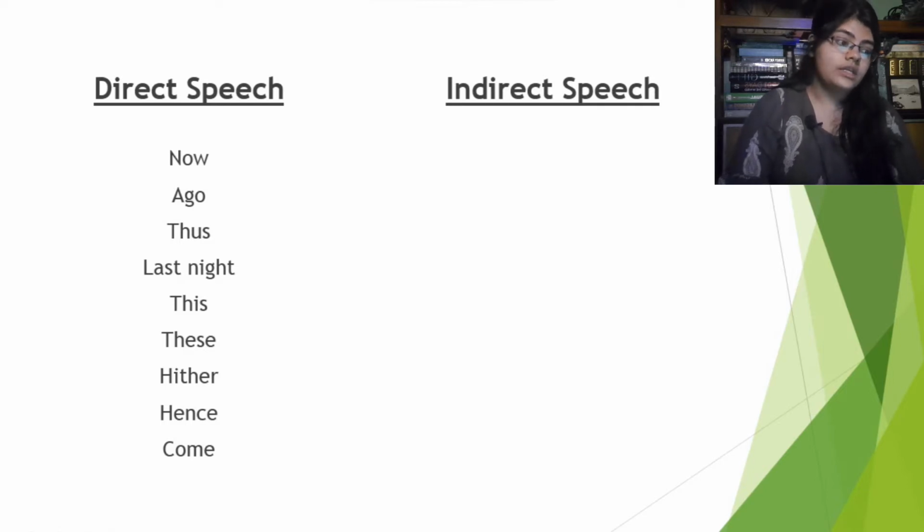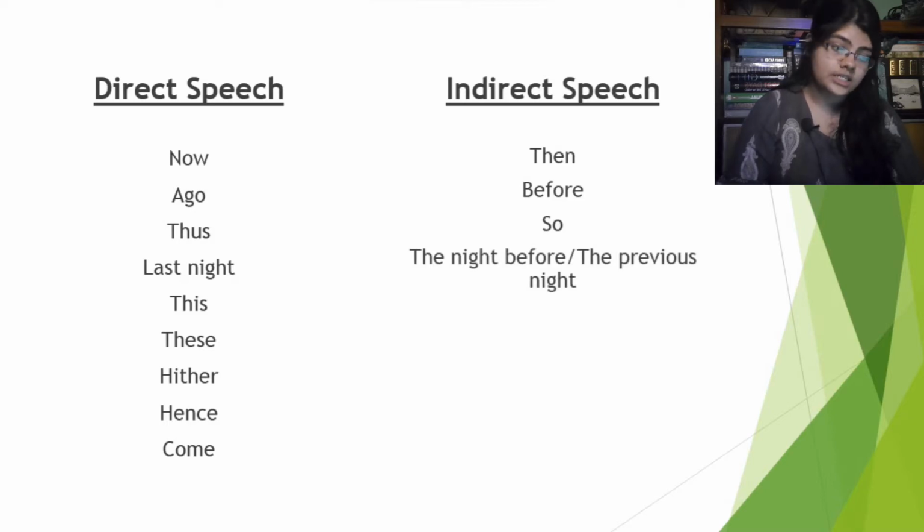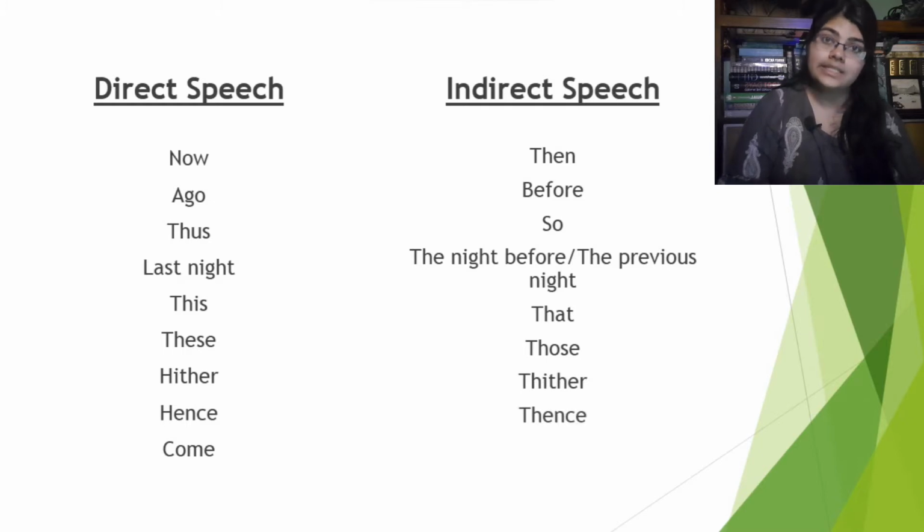Now will be then, ago will be before, thus will be so, last night will be the night before or the previous night, this will be that, these will be those, hither will be thither, hence will be thence, come will be go. So these are the set of words that if they are present in the direct speech, in the indirect speech they will get changed. Now comes the next segment.